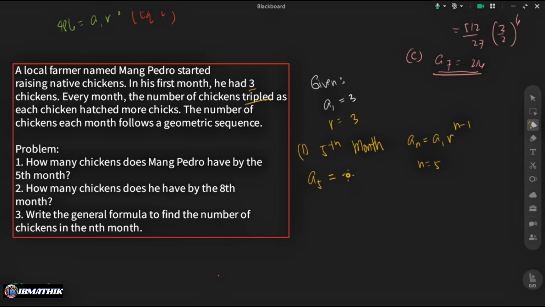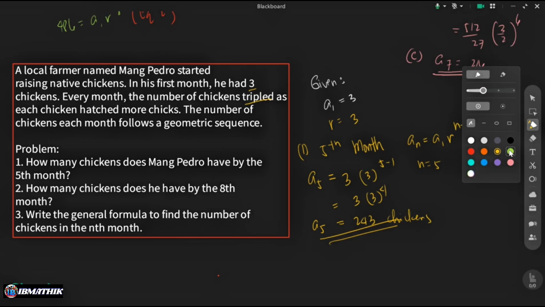Our first term is 3. The ratio is 3. And 5 minus 1. So the answer will be 243 chickens. 243 chickens will be the answer for number 1.